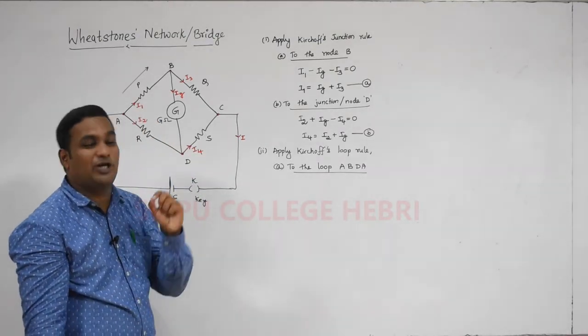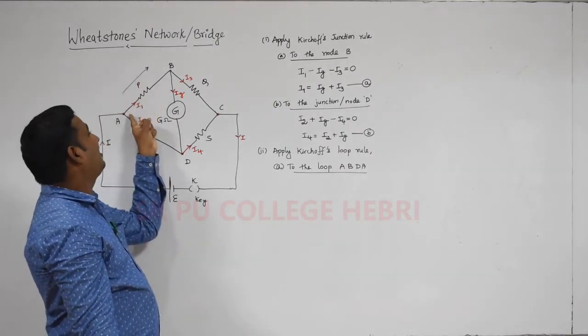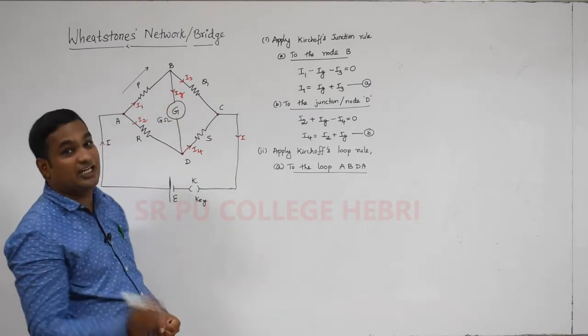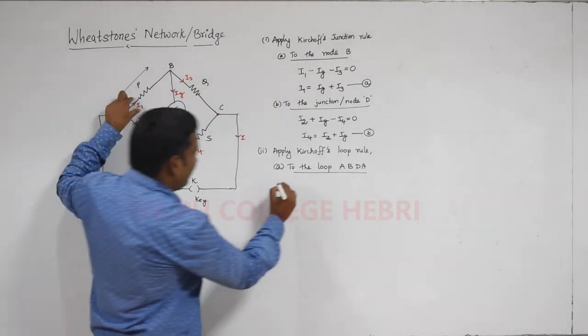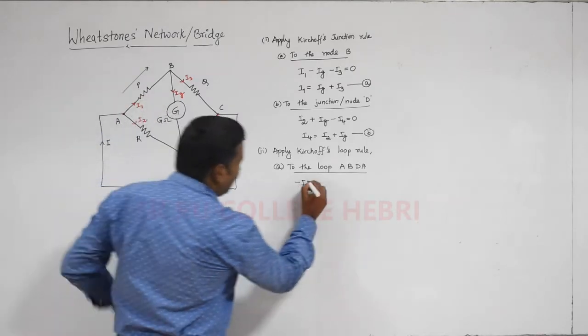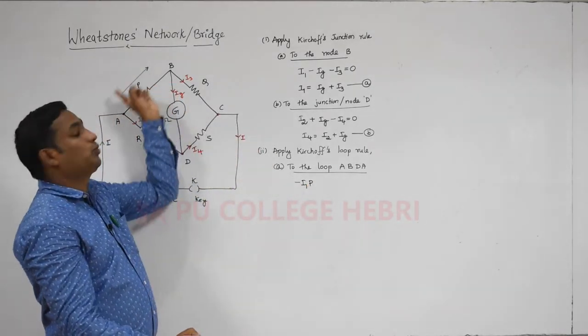Yes or no? Here direction of my path and direction of flow current are in one direction. Then you have to take it as negative. Here it becomes minus I1 into what is the resistance here? P is the resistance. Here current or energy utilized.